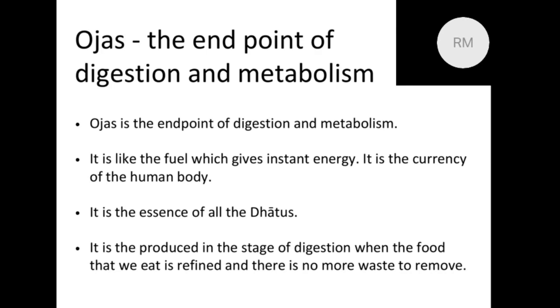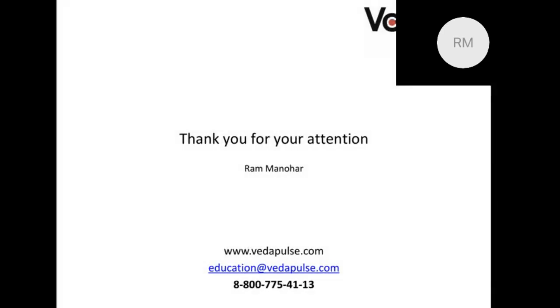Once we understand the importance of ojas, we will really realize the importance of healthy diet and lifestyle, and also mental practices like meditation. The more ojas you have, the more robust your body becomes, the more resistant it becomes to diseases, the more powerful your mind becomes. So this is a brief overview for one part of a discussion on the normal functions of human physiology, the normal functioning of the human body.